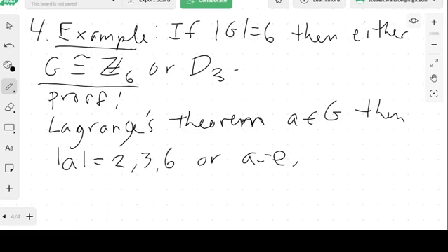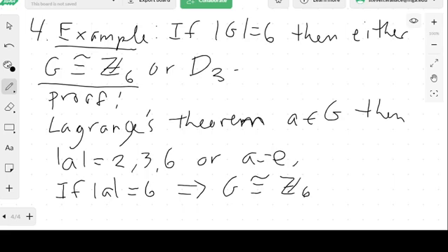All right, so on the one hand, if there is some element with order 6, then we know that G is isomorphic to the cyclic group, since G is actually equal to the group generated by A. Okay, so it's cyclic.